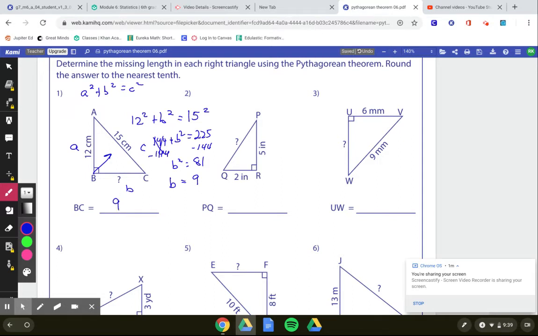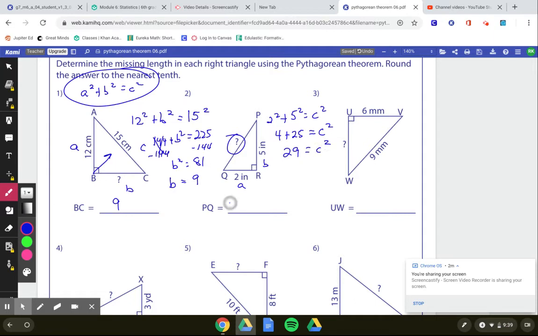For number 2, we keep the same formula that we have up here. In this case, we have an A and we have a B, so we're going to write that out a little differently. We have 2 squared plus 5 squared equals C squared. We don't know C. So we expand these out. 2 squared is 4 plus 25 equals C squared, so we have 29 equals C squared.